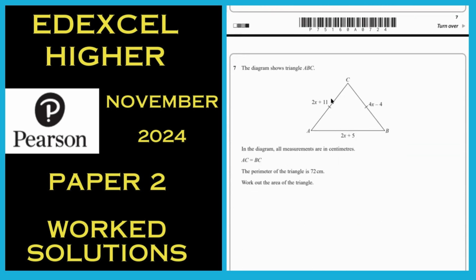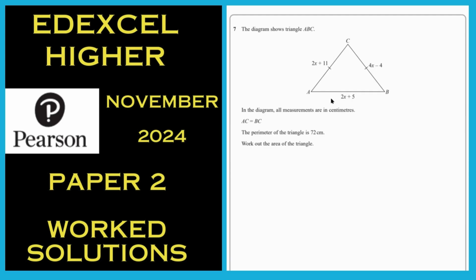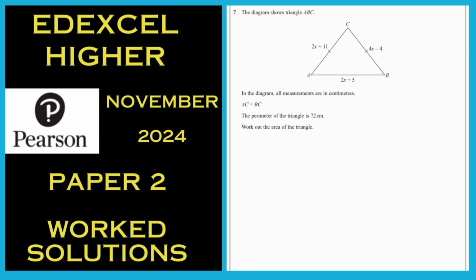On we go. Number 7. There are two ways of going about this, two ways of finding x. You could add up all three sides, simplify, put it equal to 72, and you'll get x equals 7.5. Or I've chosen to go for the fact they've put the notches on there, which make this an isosceles triangle.